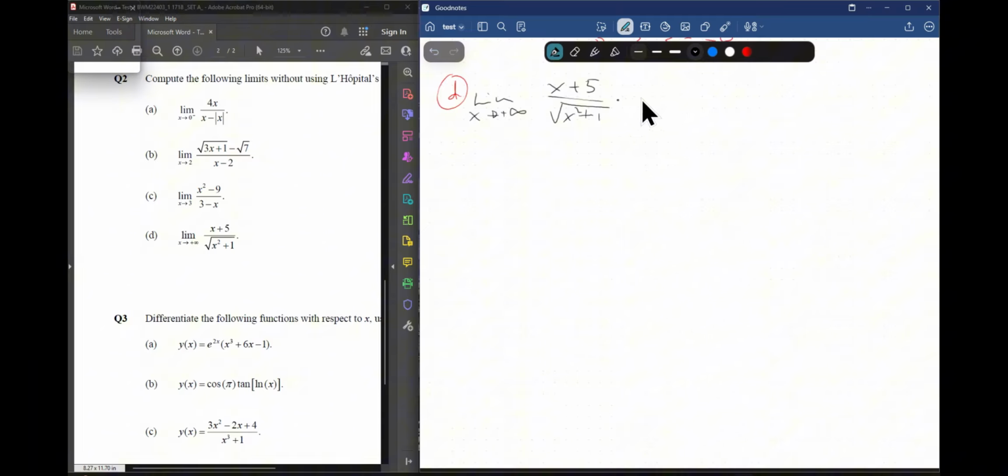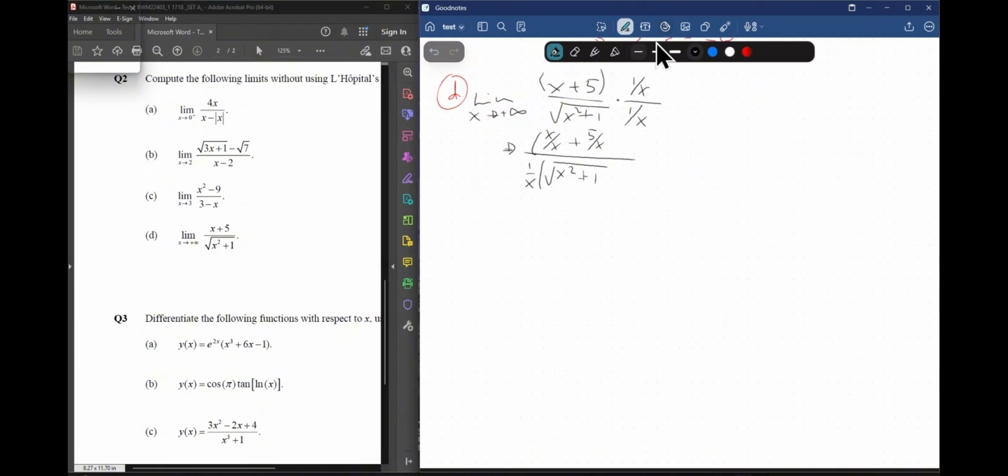So you can multiply this with 1 over x over 1 over x. In this case, let us simplify the problem first. The numerator, x plus 5 multiplied by 1 over x, will simply be x over x plus 5 over x, and all over 1 over x multiplied by square root of x squared plus 1.